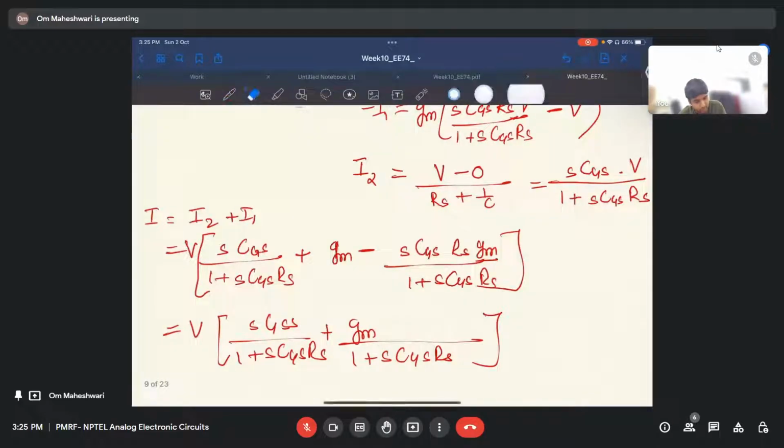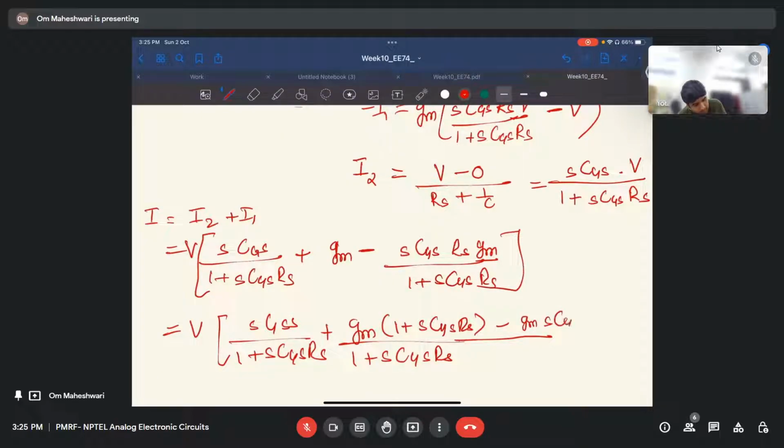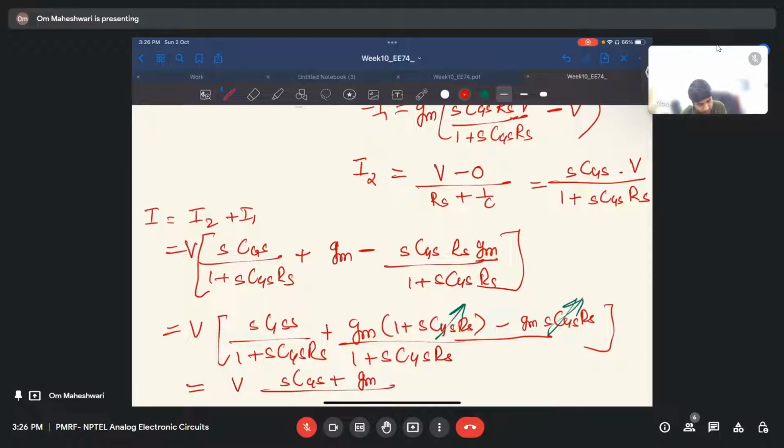Let me write it completely so you don't get confused: 1 plus SCGS RS minus GM SCGS RS. So these two terms will cancel, this and this. So we will only be left with GM by SCGS RS. So finally, what we will get is I equals V times SCGS plus GM divided by 1 plus SCGS RS.